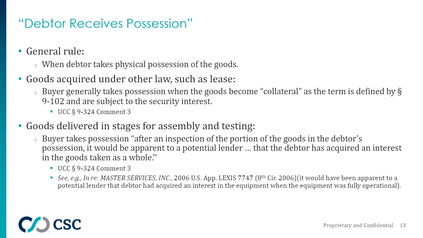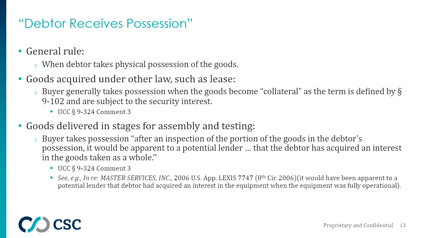A tighter call is what happens if the goods are delivered in stages for assembly and testing. This happens frequently with large pieces of equipment, such as manufacturing equipment that has to be built and tested and calibrated and so forth. Is it when the first shipment shows up, the first pieces?